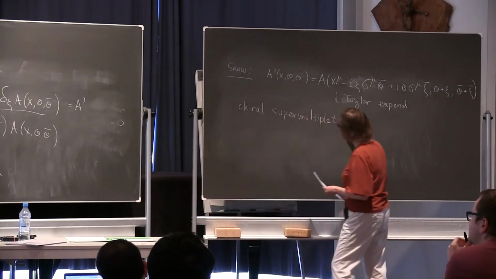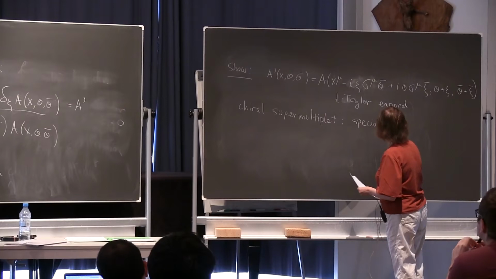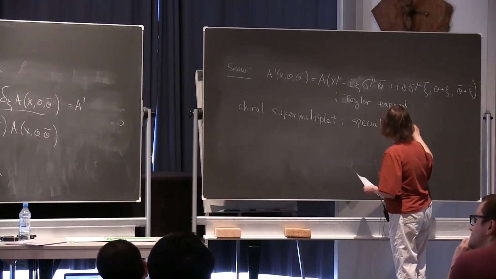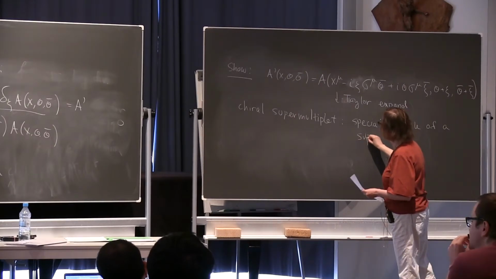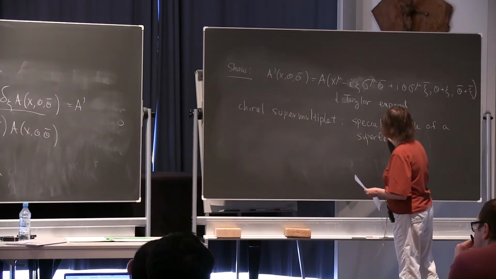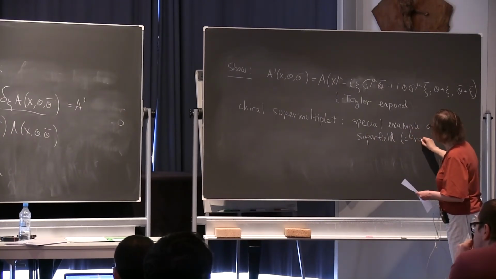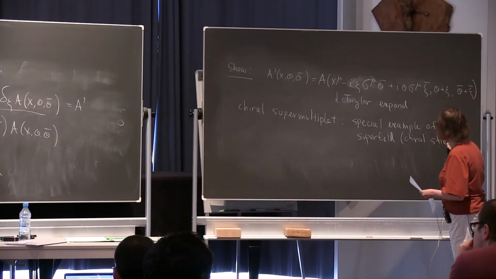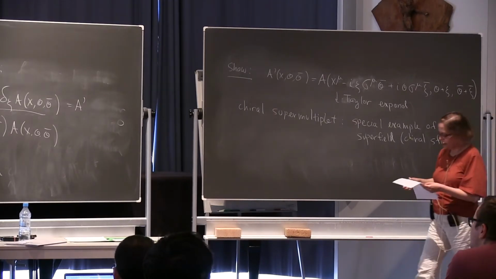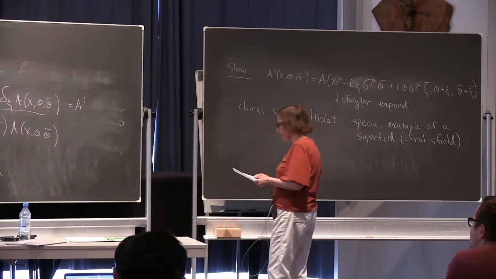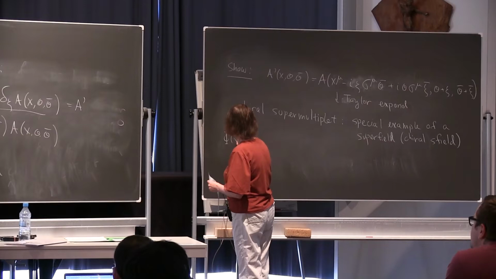The chiral supermultiplet is just one special example of a superfield. It's called the chiral superfield. I'm going to use the word superfield very often. And let's write it down. So what's the chiral superfield?